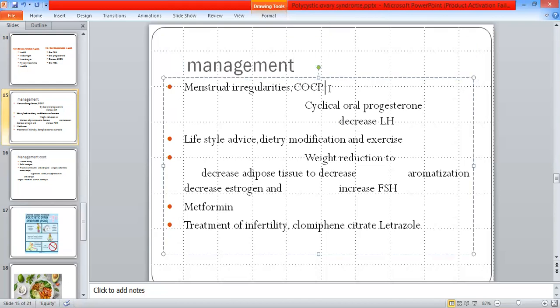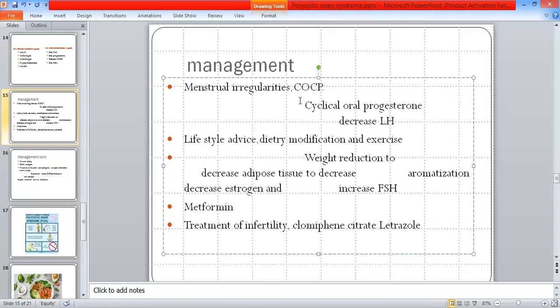The combined oral contraceptive pill and cyclical oral progesterone decrease the luteinizing hormone level. When the luteinizing hormone level is decreased, the estrogen will decrease and this gives a positive feedback for the production of follicle stimulating hormone.